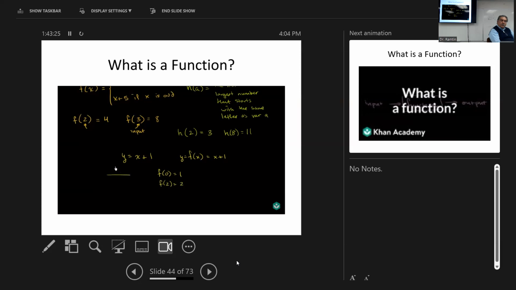You've done things where you said, look, let me make a table of x and y. When x is 0, y is 1. When x is 2, y is 3. So you might say, well, what was the whole point of using the function notation here to say f of x is equal to x plus 1?